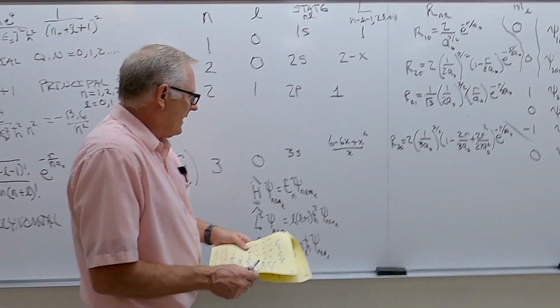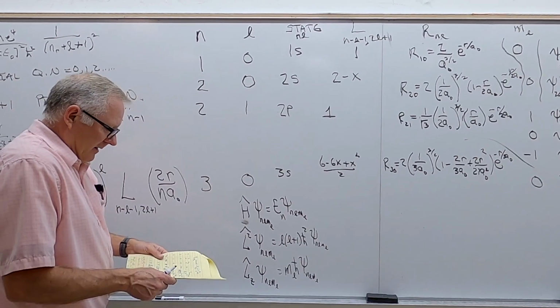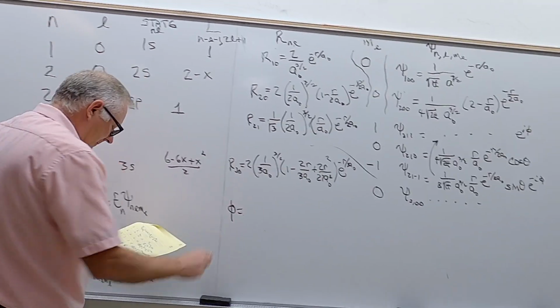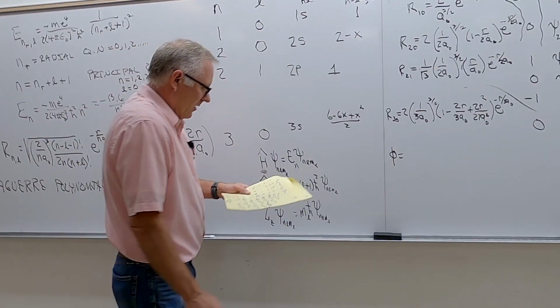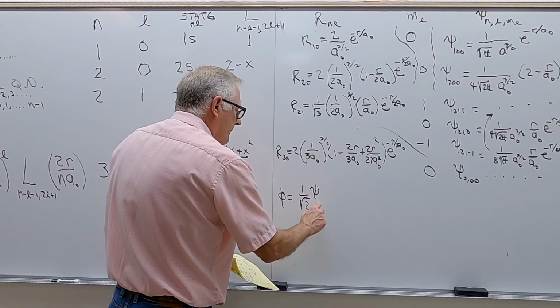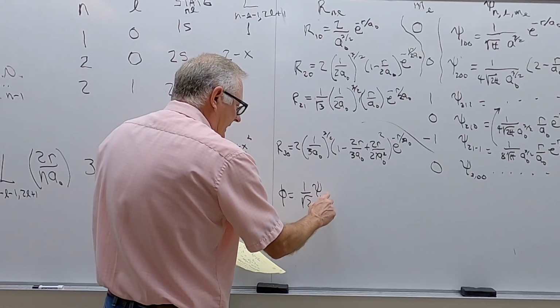Okay, well, let's say you have some mixed state, phi. It's a mixture of, how about 1 over the square root of 2 psi, let me just say the 1s state right here.